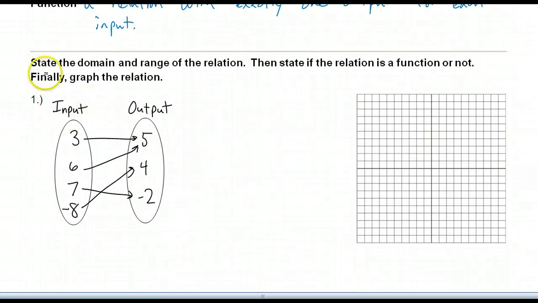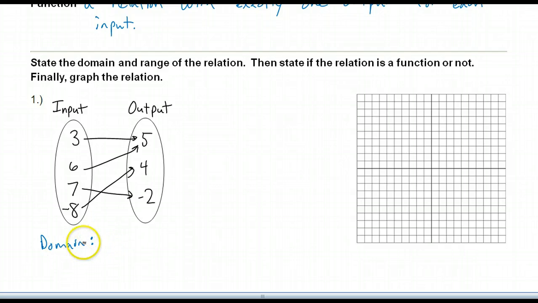Problem number 1. State the domain and range of the relation. If we look, we have a mapping of input values to the output values. This is a relation. So step 1 is to state the domain and the range.